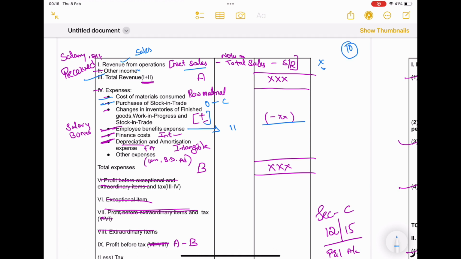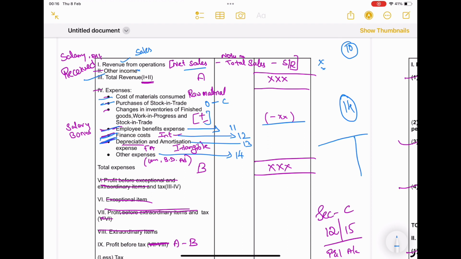Okay, so after 10, 11 for employee benefit expenses, 12 for finance cost, and 13 for depreciation, and other expenses 14. I have told you, right? Only 14, just mentioning the note numbers. Okay, in which item you are having more workings, for that particular thing we are going to mention.